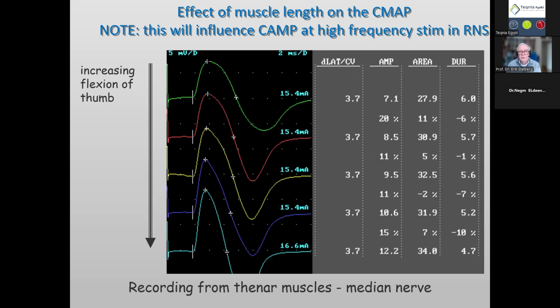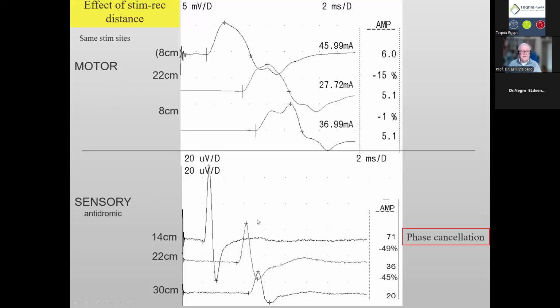We do the high frequency, and then we must make a 2-3 seconds rest, elongate the muscle, and make the study after the stimulation train. This is an important technical feature.